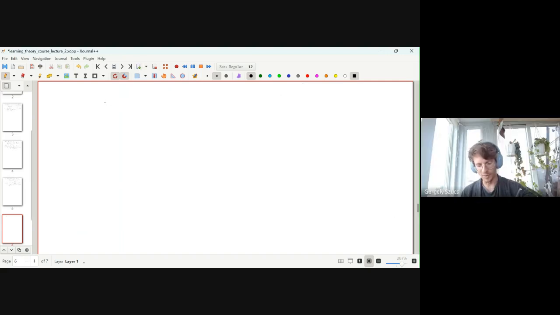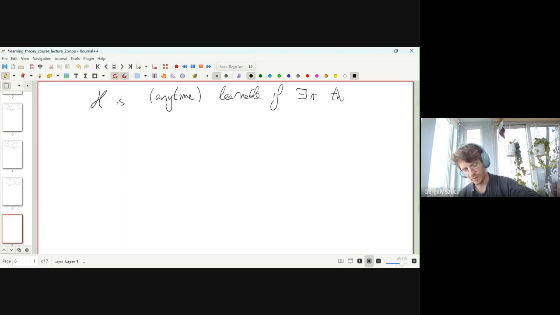So yeah, that's a perfect way into the next definition: the hypothesis class H is learnable, or anytime learnable, if there exists a pi that learns H. It's a simple definition, but it's a good point that some hypothesis classes are not learnable.